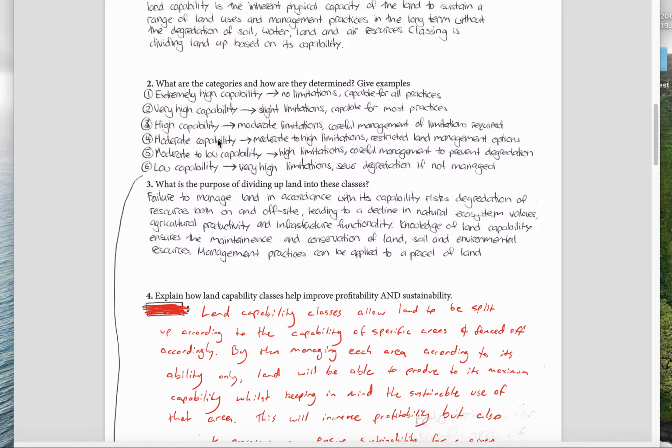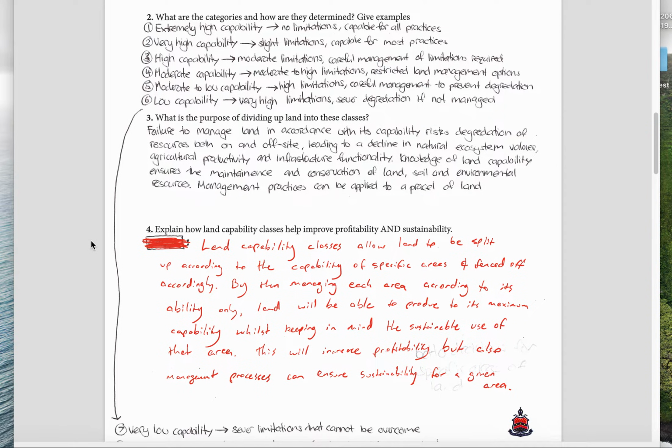So you can see here there's a summary of each of the classes, but it goes 1 through to 8, and basically 1 means flat, capable of anything. Basically, you can regularly crop it, and as you move down the chart, it becomes even less productive. So it'd be good if you looked up the document and looked up the specific numbers, to give you an idea of the different land classes and what a different land class number means.